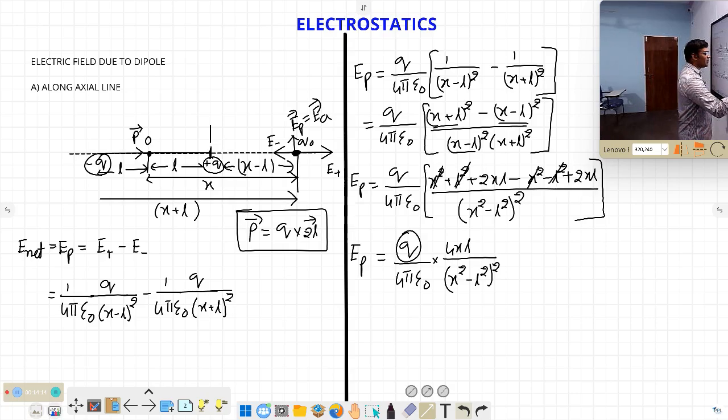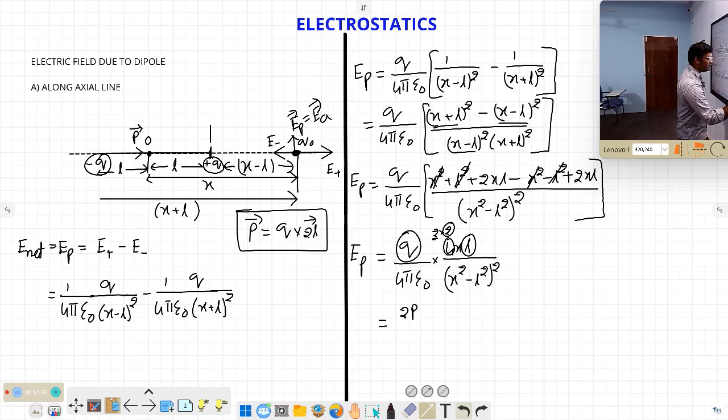So this 4L I can write as 2 into 2L. After writing this, 2L into Q I can write as P, and the remaining 2 is left.